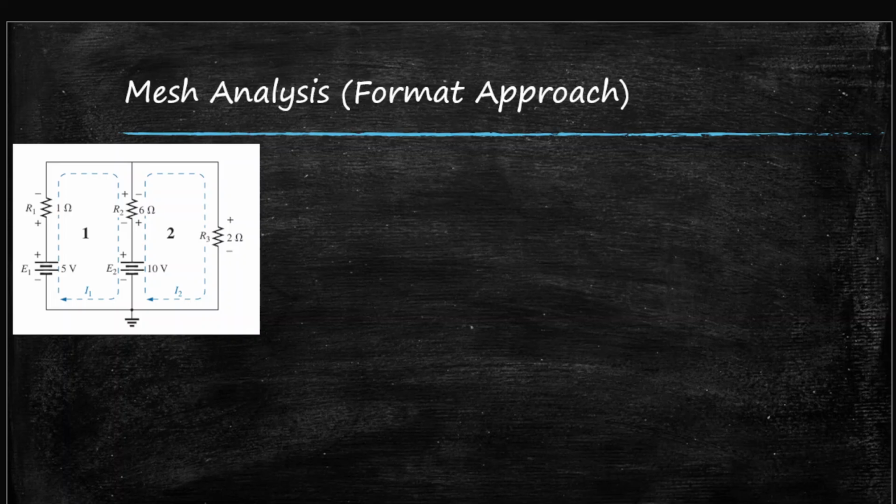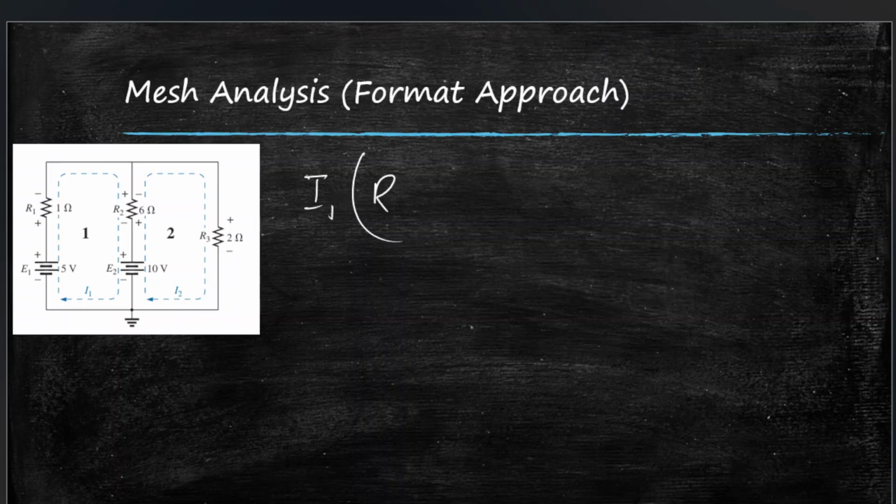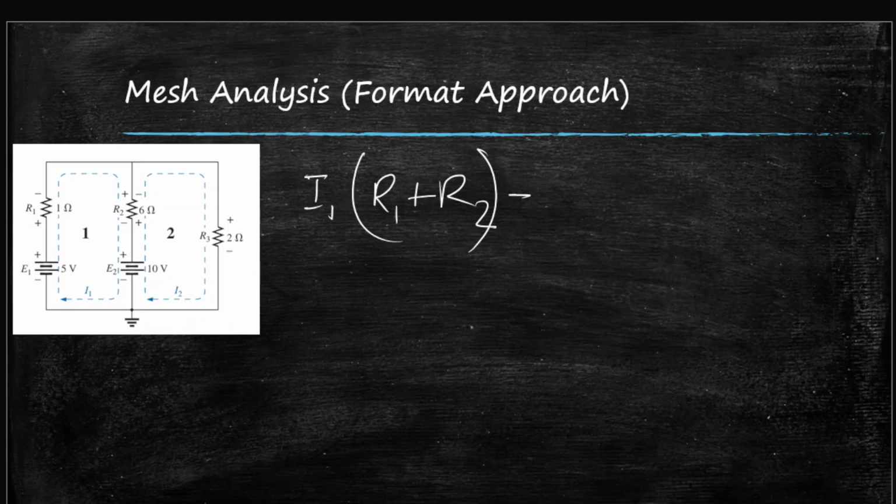What we do is first we take the loop current of loop 1, I1, then open a bracket, add all the resistors within loop 1, so R1 plus R2, that's all we have, right? Now minus I2, okay, now why I2?